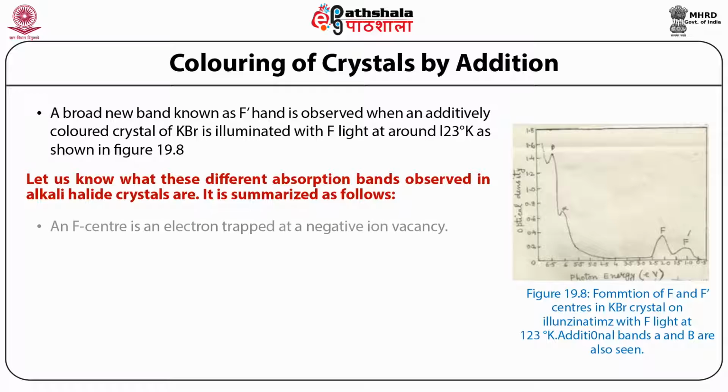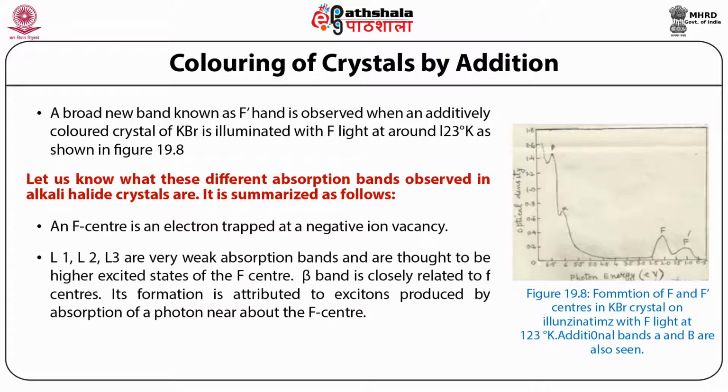Number 1. An F center is an electron trapped at a negative ion vacancy. Number 2. L1, L2, L3 are very weak absorption bands and are thought to be higher excited states of the F center. The beta band is closely related to F centers.